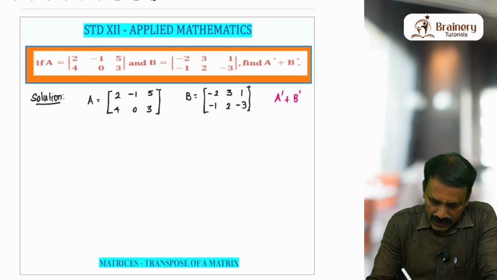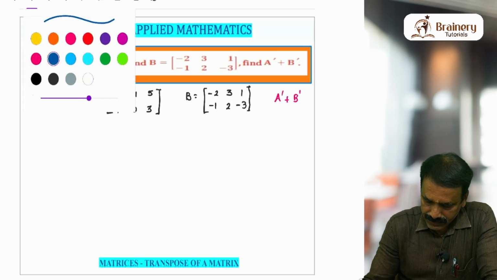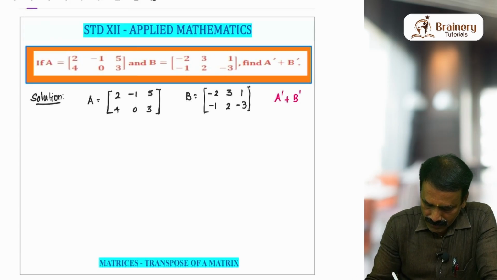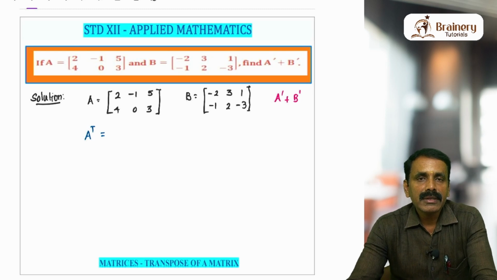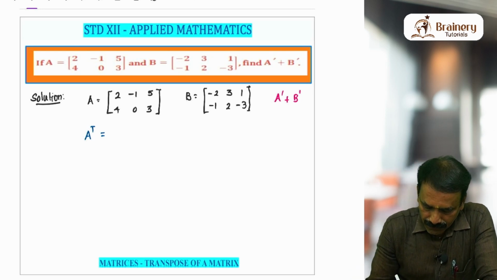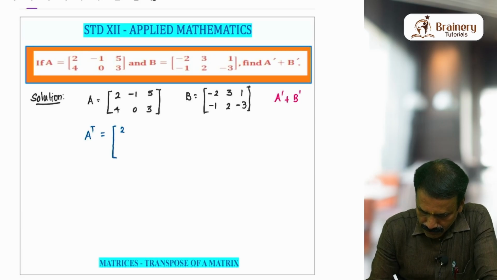First we try to find out what A transpose is. How to find A transpose? Transpose is nothing but changing row elements to column elements. So the first row elements will be written as the first column elements, so 2 minus 1 5.